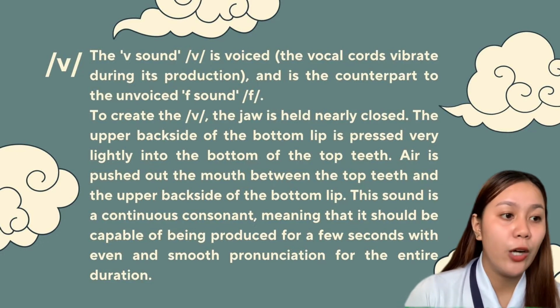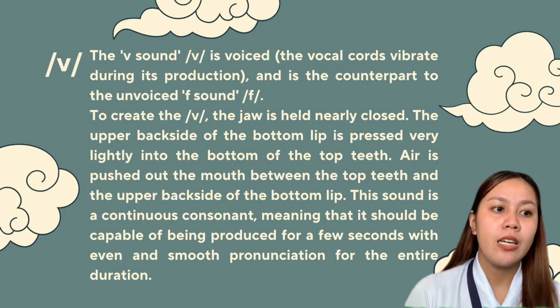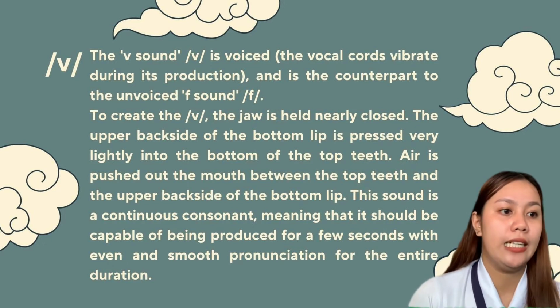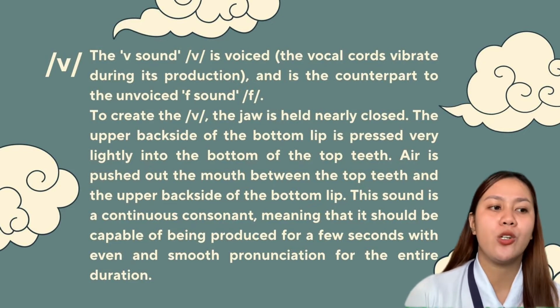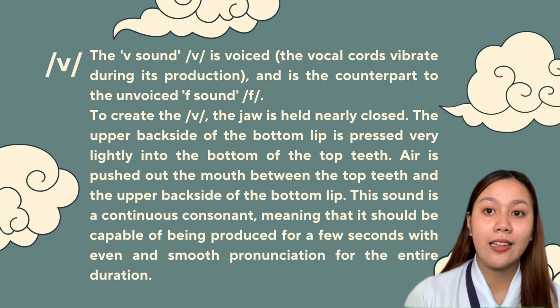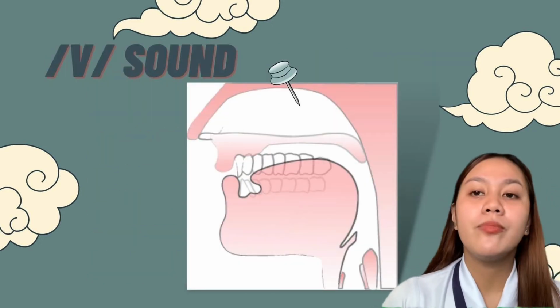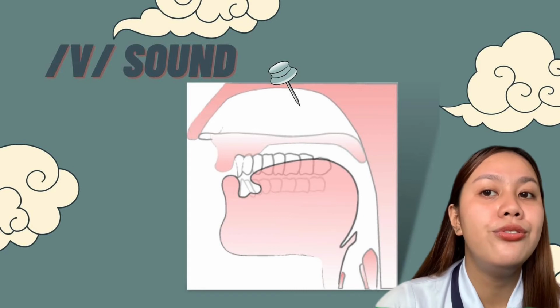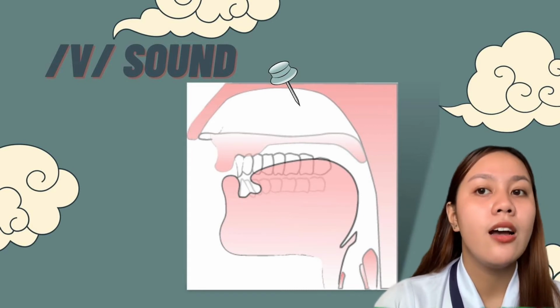Air is pushed out the mouth between the top teeth and the upper backside of the bottom lip. This sound is a continuous consonant, meaning that it should be capable of being produced for a few seconds with even and smooth pronunciation for the entire duration, just like the /f/ sound. So this is how you do it, children. Remember that this is a voiced sound.